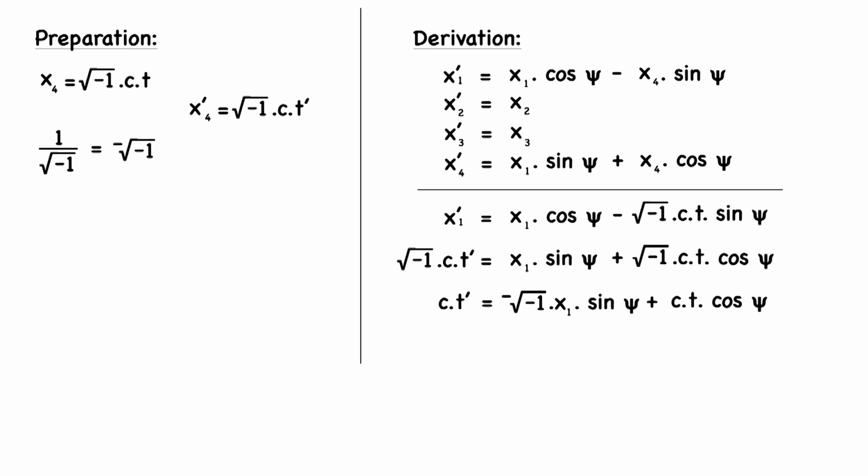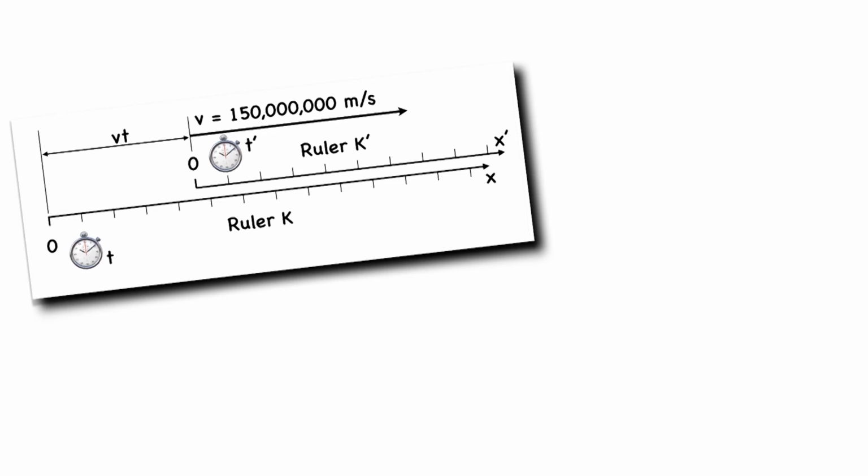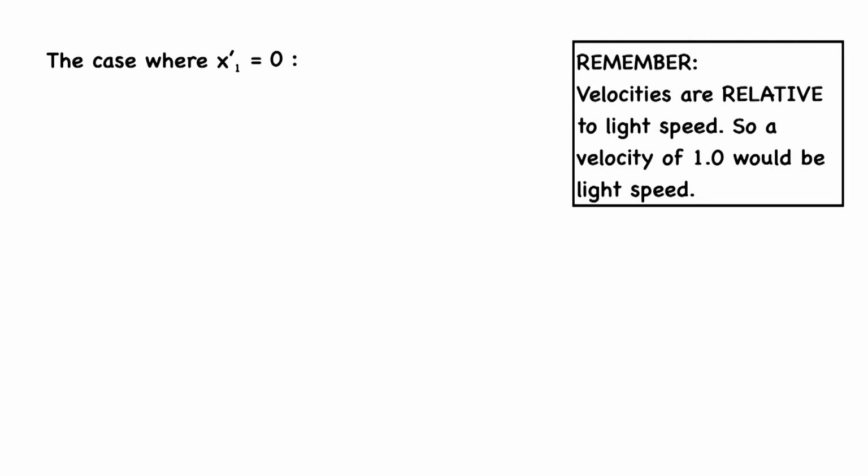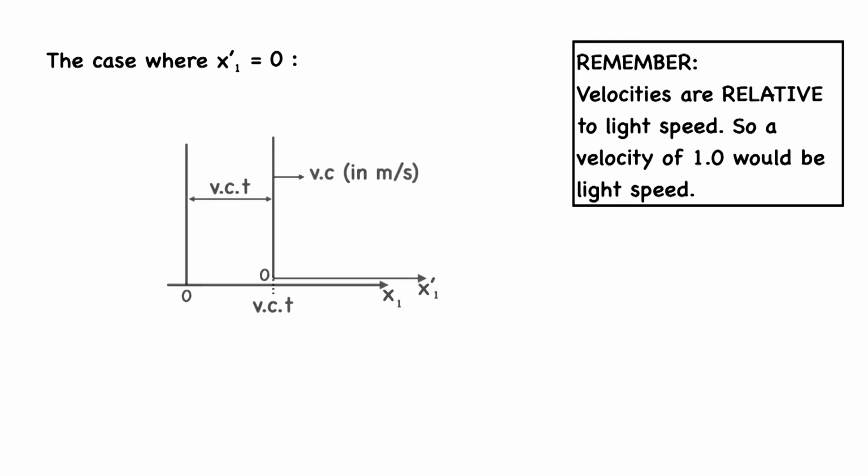The next step needs a bit of preparation, so let's briefly go back to our two rulers from the beginning. Remember this diagram where I stated that the distance between zeros was just v times t? Well, we're going to use this to look at the case where x-1 equals 0, remembering of course that speed v in 4D space is relative and not in meters per second. So here, k dash is moving at speed v in the x1 direction, which means I can show that when x-1 equals 0, x1 will be simply v times c times t.